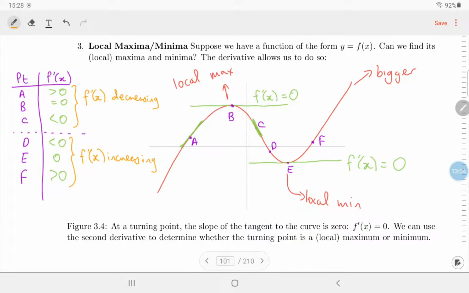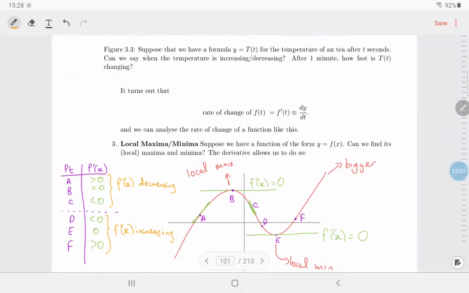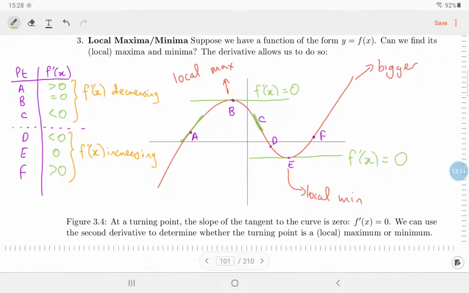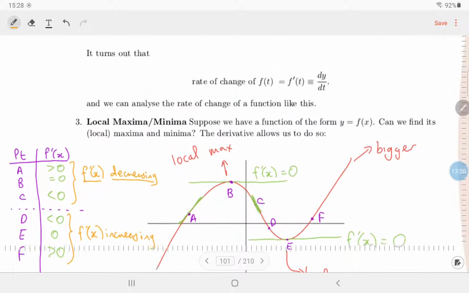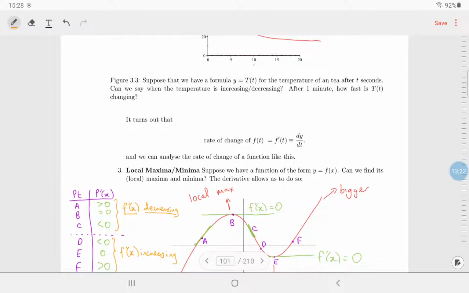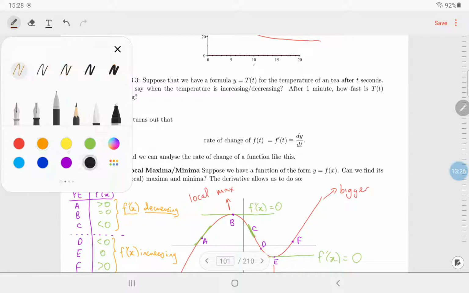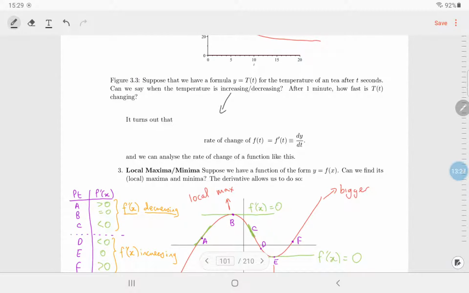Now we have to talk about rates of change. The rate of change of some function is the derivative. And what that means is if f dash of x is decreasing, its rate of change is negative. So we might just write that up here. For a function to be increasing, the derivative is positive, and decreasing, the derivative is negative.